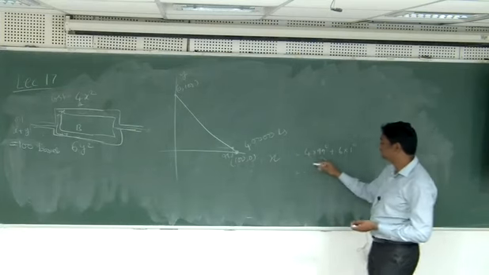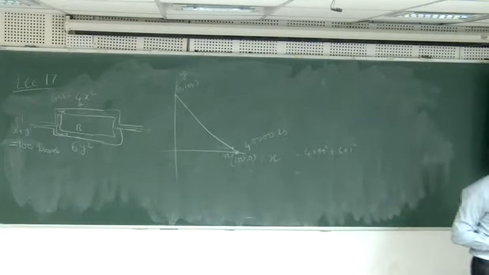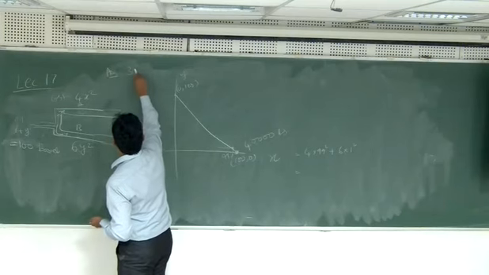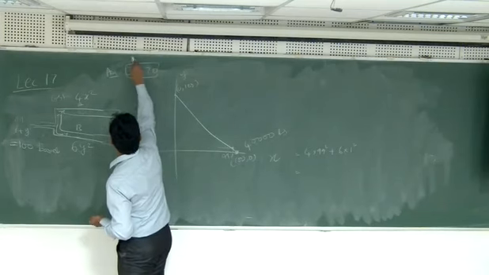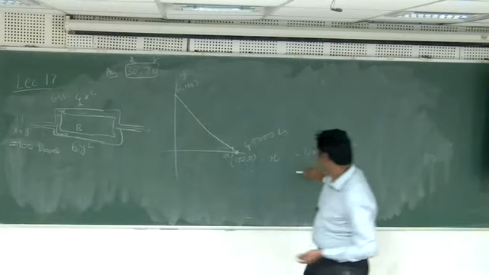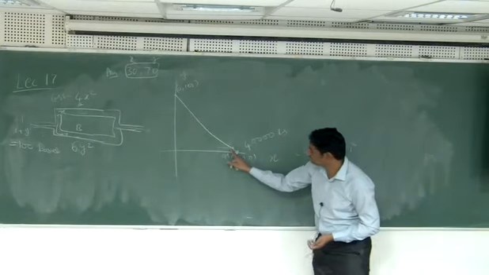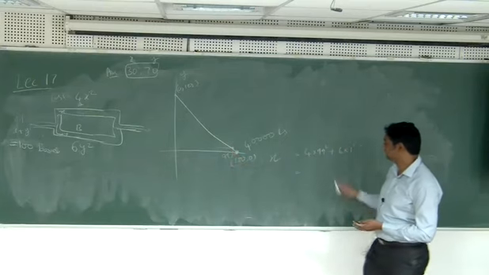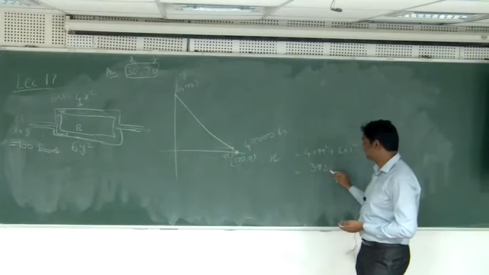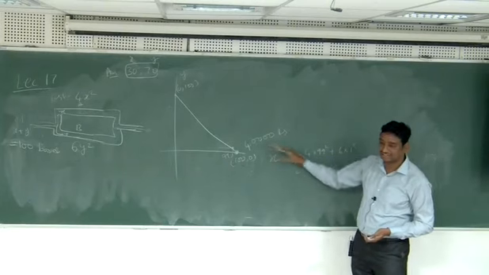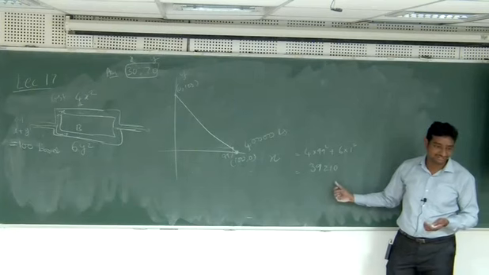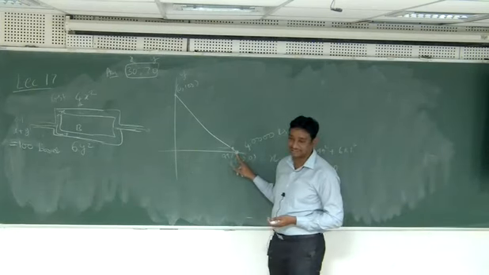The answer is 39,210. See, the cost here is 40,000. The cost here is only 39,210. So 790 rupees you are saving. So this point is better than this point.